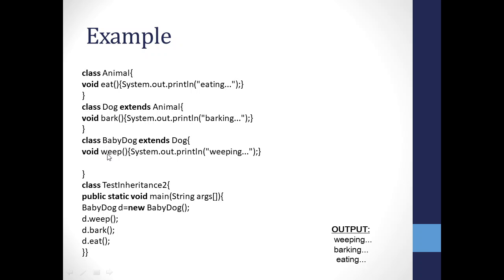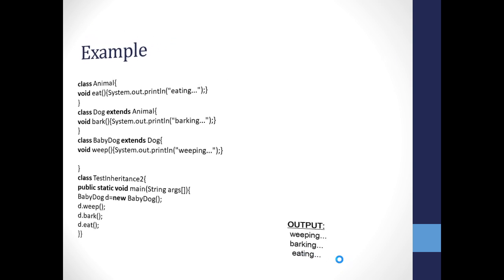When we create the BabyDog object, we can call the functions in both the Dog class and the Animal class. Indirectly, it acquires the properties of Animal. In a real-world example, we can say grandfather, father, and baby. Likewise, the output would be weeping, barking, and eating.